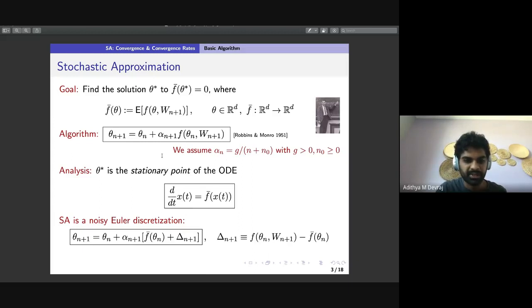So I'm rewriting this algorithm here as the mean plus this noise sequence, which is basically equal to the noisy function minus its mean, so it has 0 mean. In tabular Q-learning, you can show that this is a martingale difference sequence. But I just want to clarify that in this section on stochastic approximation, the results I'll be showing do not need this assumption, which makes them more applicable in more general settings.